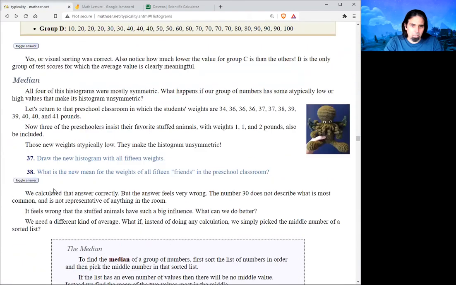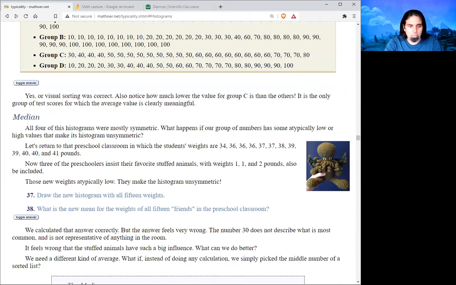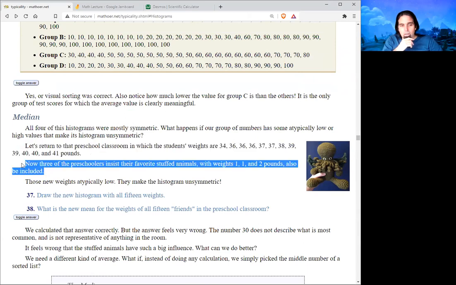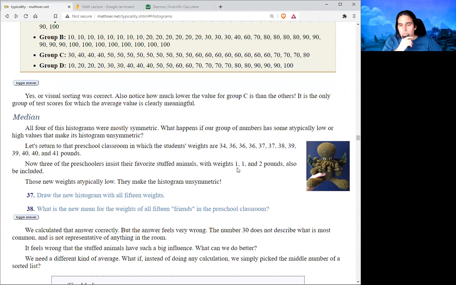And the median happens because there's a situation with some things that are terribly not typical. So remember that preschool classroom. Now, 3 of the preschoolers say, we love our stuffed animals. They weigh 1 pound and 1 pound and 2 pounds.